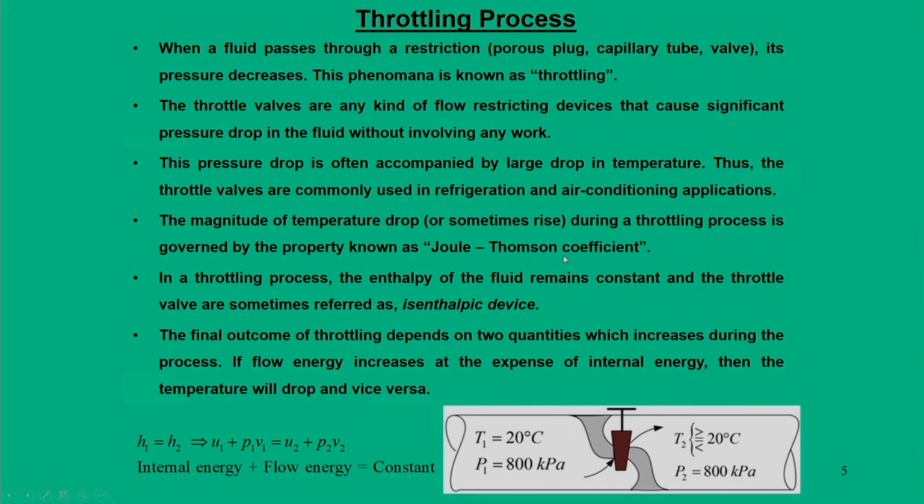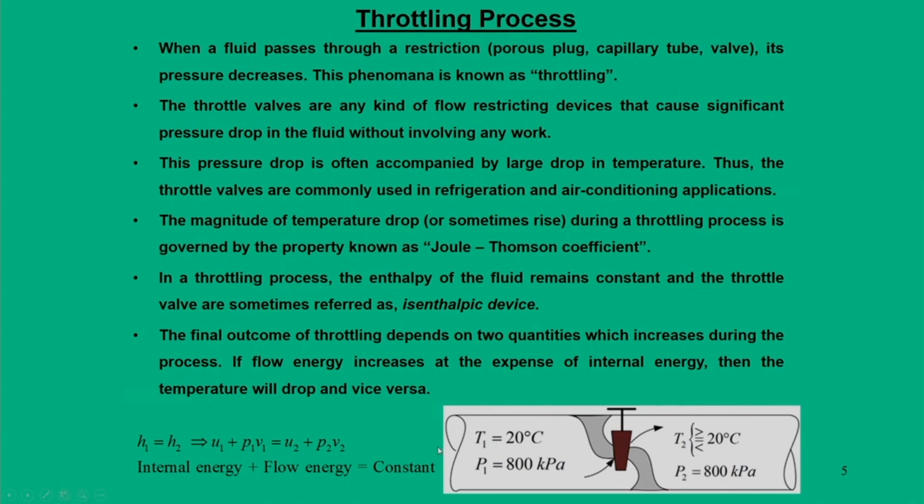In a throttling process the thermodynamic parameter, that is the enthalpy of the fluid, remains constant. Enthalpy involves the internal energy plus flow work. If this has to remain constant, we can expand the equation: U1 plus P1 V1 is equal to U2 plus P2 V2.